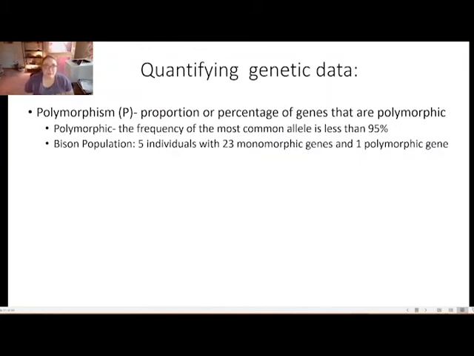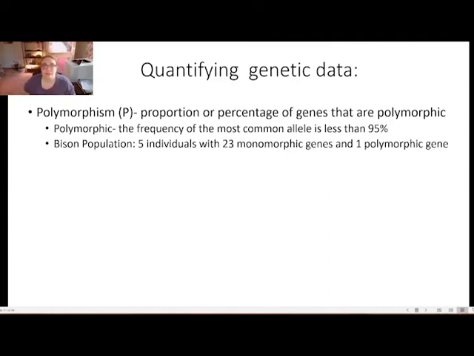As an example, imagine you had a bison population and you randomly picked out 5 individuals. You looked at maybe 24 different genes and found that 23 of the genes were monomorphic. That means the most common allele found in each of those genes made up more than 95% of the alleles total found for that gene across all 5 individuals.